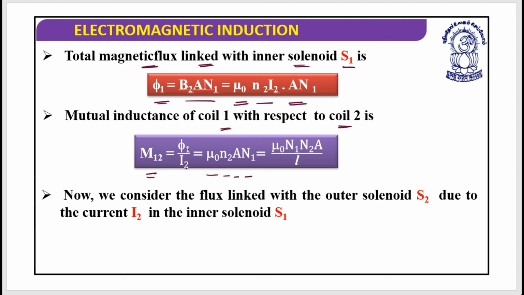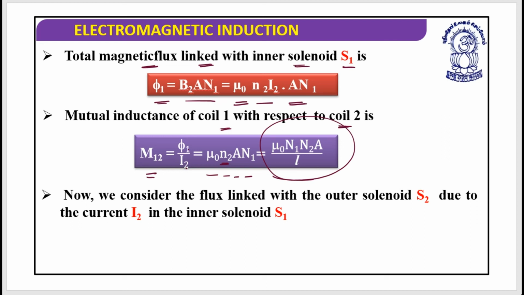If I replace n2, the number of turns per unit length, this can be written as mu naught into N1 into N2 into A divided by L. So this is the situation when current is passed through solenoid 2 and the flux is linked with solenoid 1.